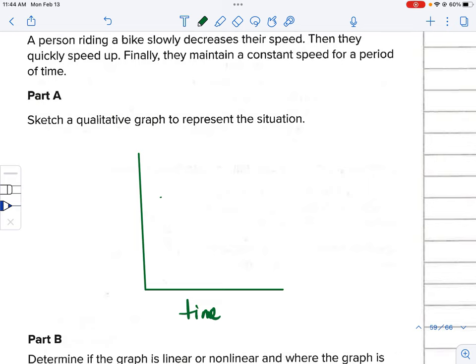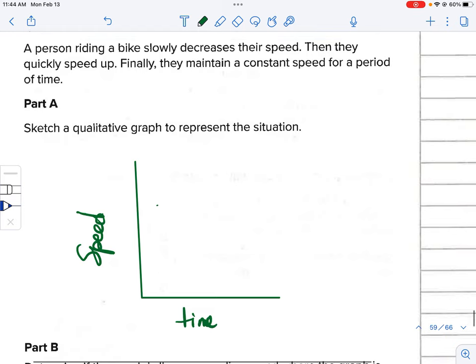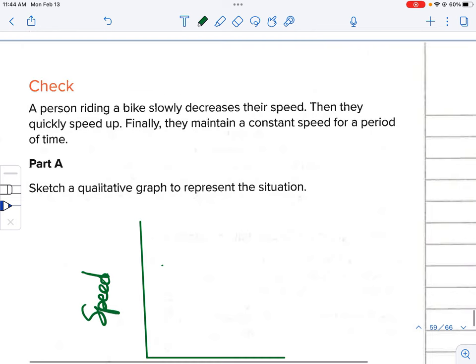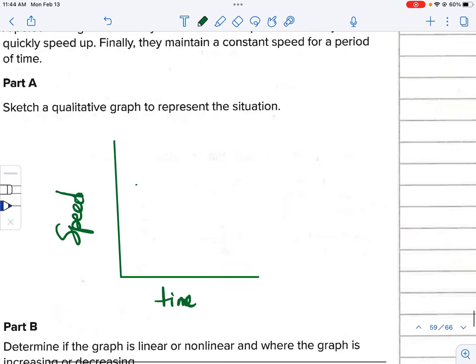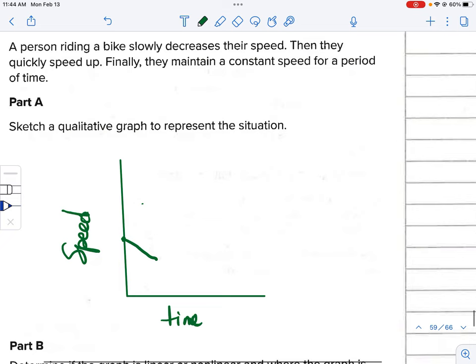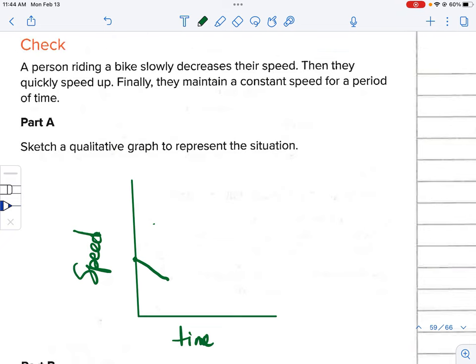And then it's talking about the speed and how fast it's going. So a person riding a bicycle slowly decreases their speed. So we must have been going at some rate at some point in time.